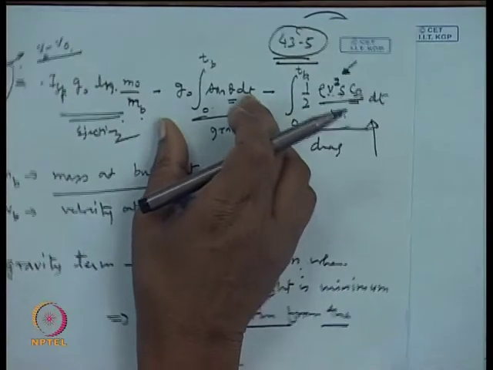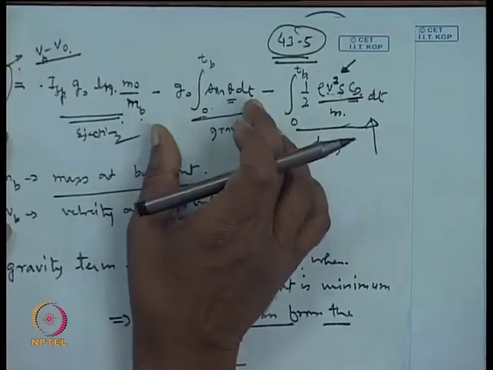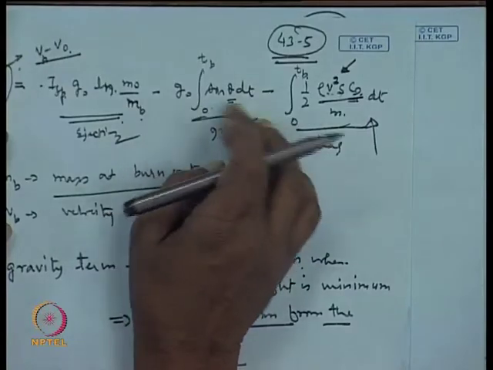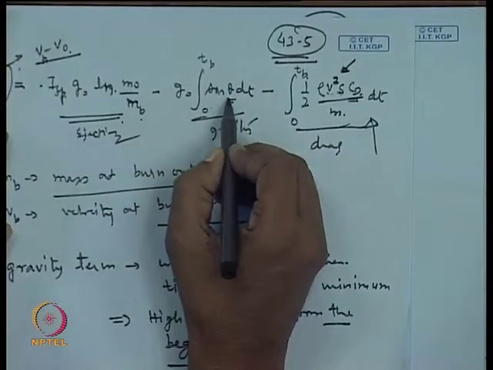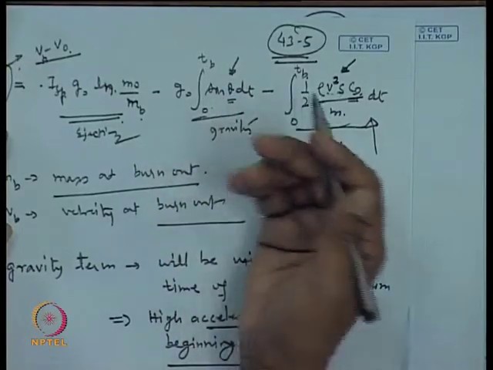Obviously, as we ascend, for shorter distances the gravity difference is not much, but still for the vertical ascent we can at least assume theta to be 90 degrees and we can work.